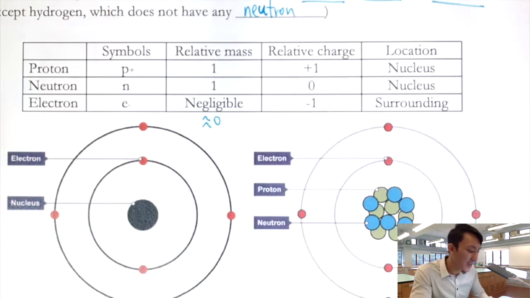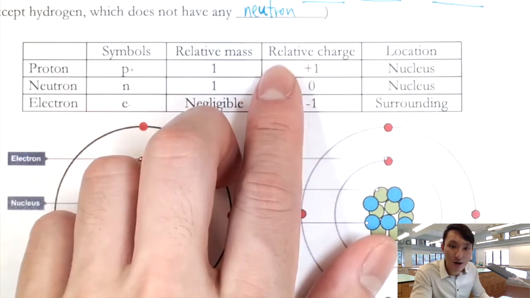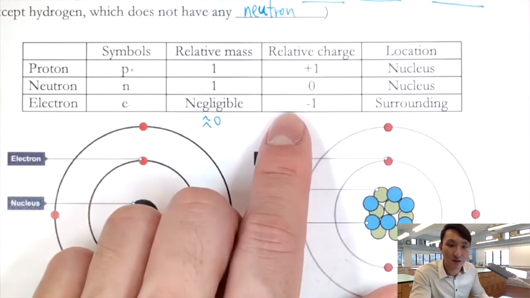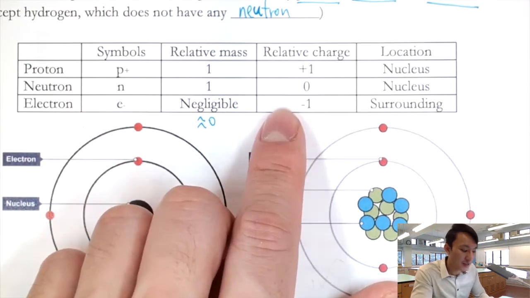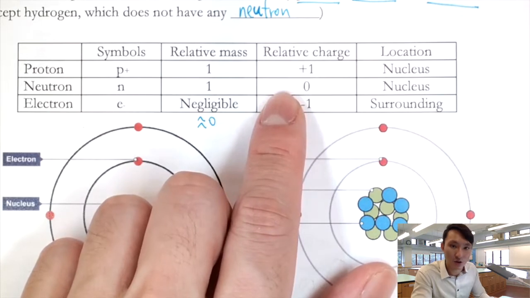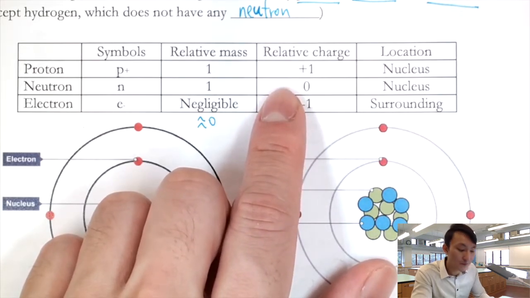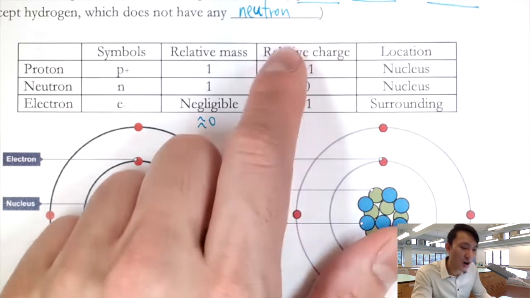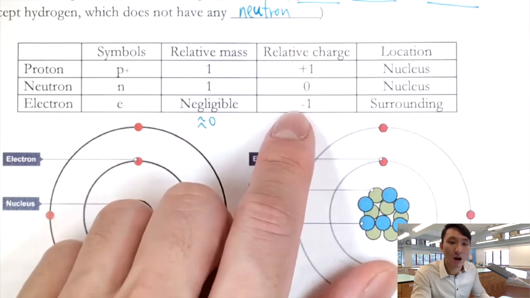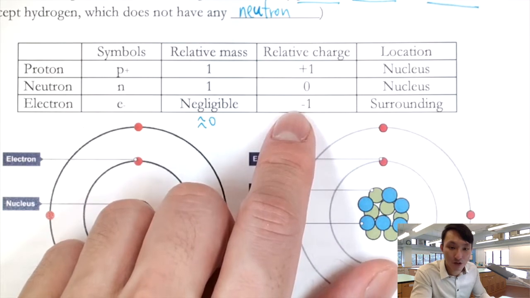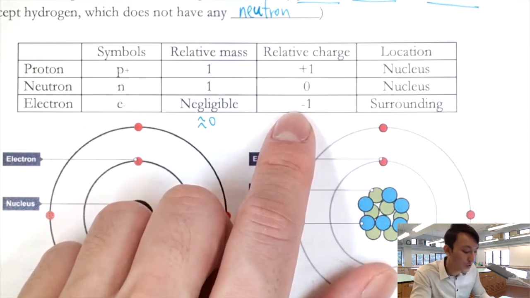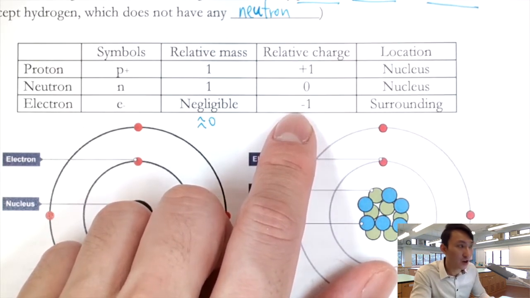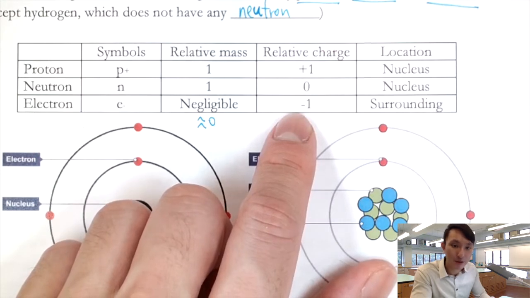So we assume that the proton is positive 1, and we compare the charges of other subatomic particles. It turns out that the neutron has exactly no charge. On the other hand, the electron has exactly equal charge to the proton, but it bears an opposite charge, which is negative. So this is how the relative charges are set up, okay?